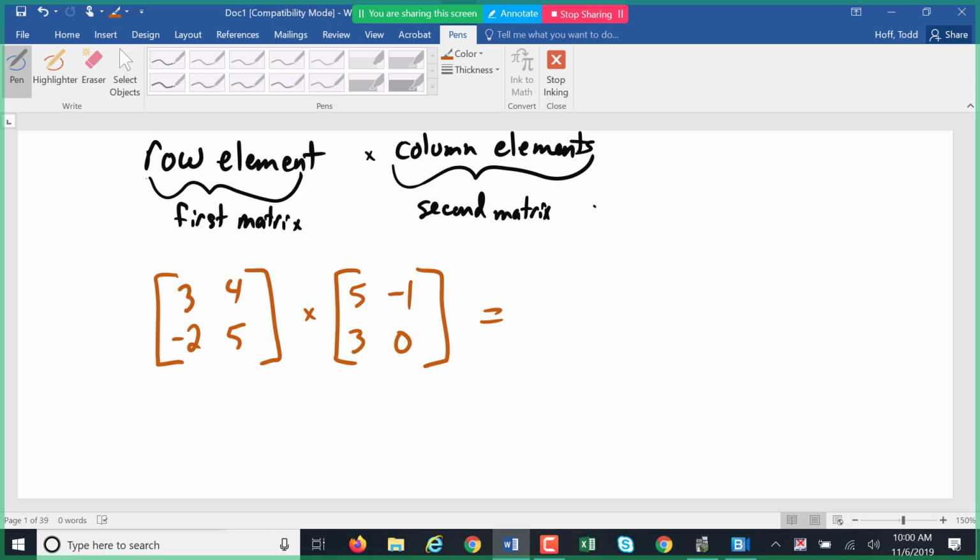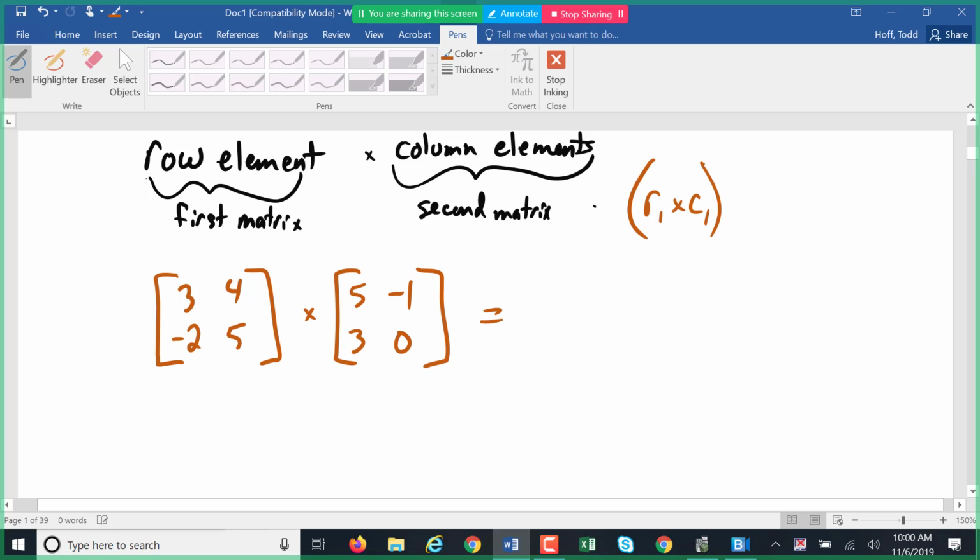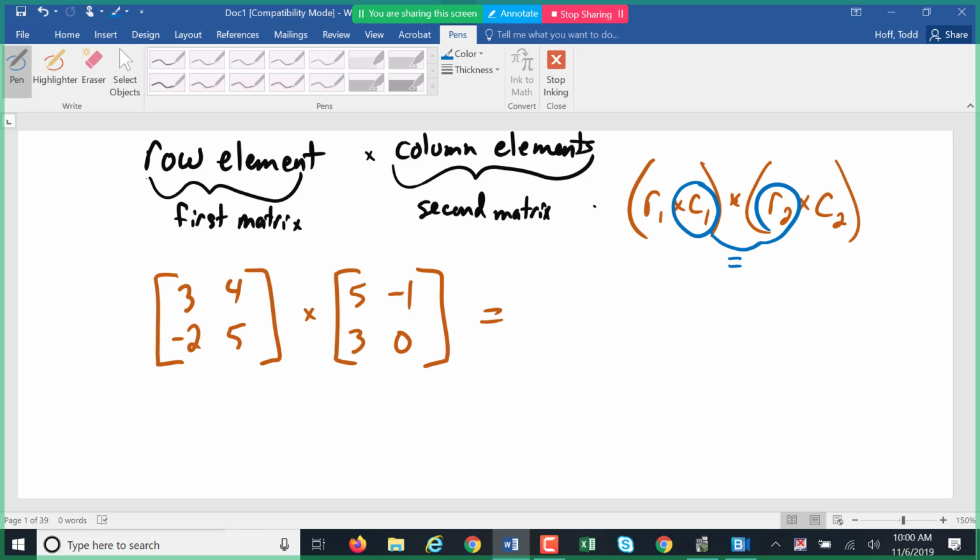A requirement for matrix multiplication, by the way, is your first matrix has dimensions R1 by C1. Your second matrix has dimensions R2 by C2. For matrix multiplication to work, the number of columns in the first matrix has to be equal to the number of rows in the second matrix. Well, these are both 2 by 2, so it's going to be equal no matter what.